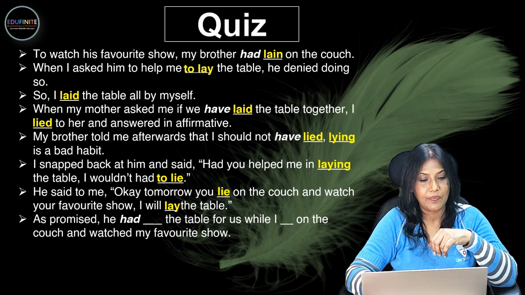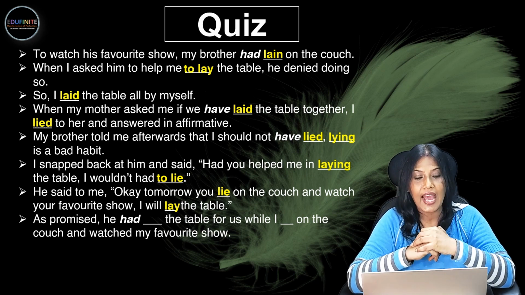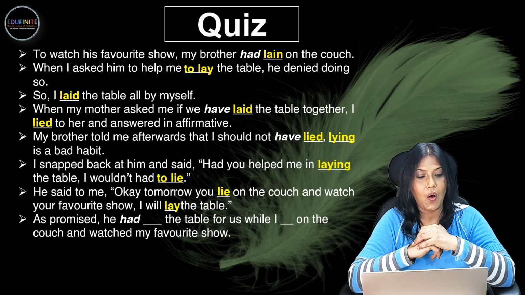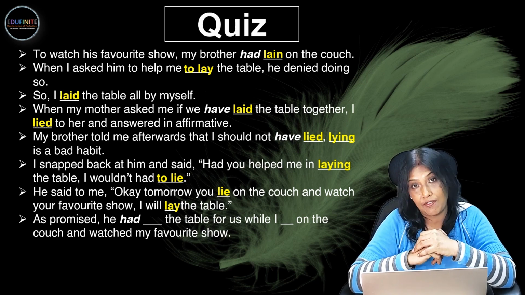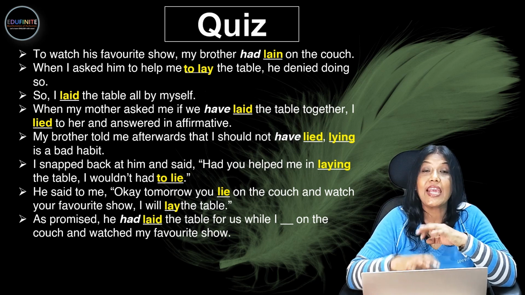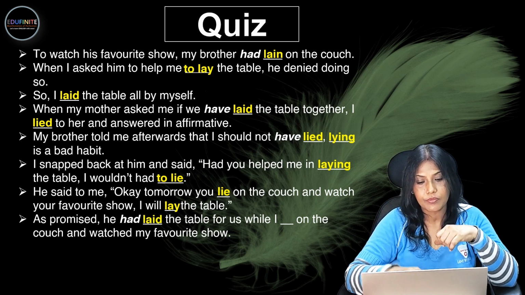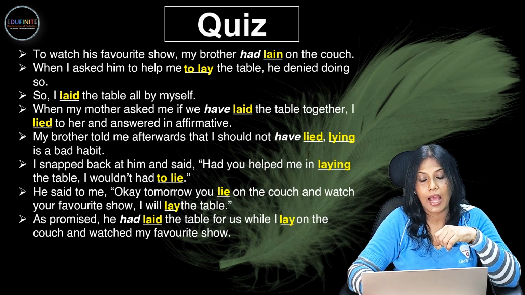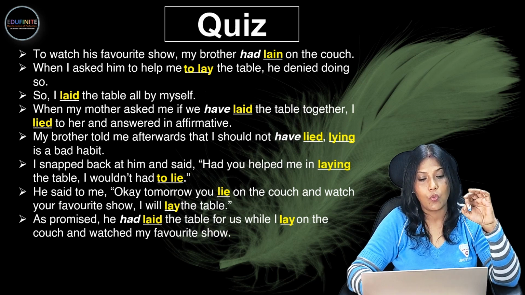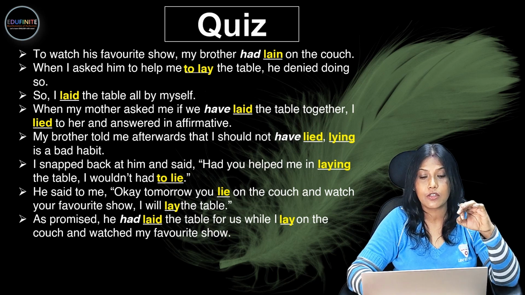Okay, next. As promised, he had laid the table for us while I lay on the couch and watched my favorite show. So, as promised, what had he done? He had laid the table.